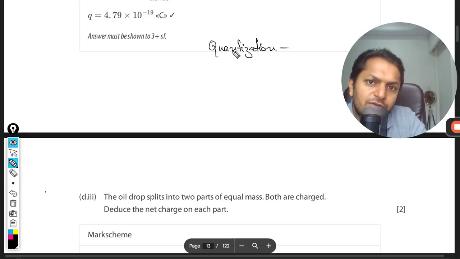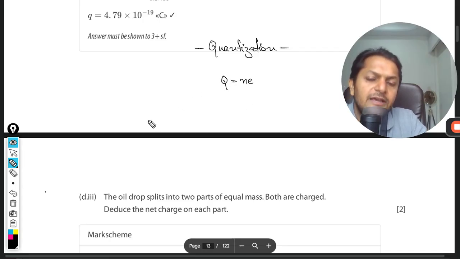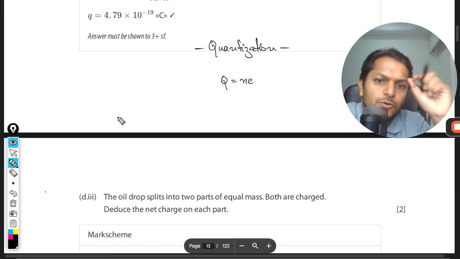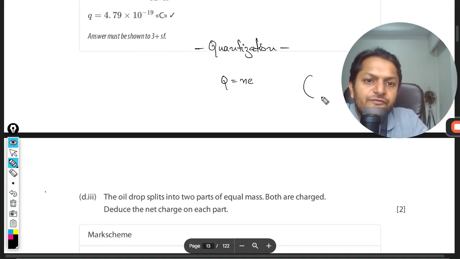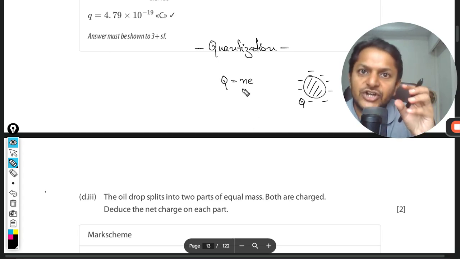So, again, this is the part of the theory. If you have seen the lectures, you might be knowing it. So, Q is equal to N into E. This is the quantization principle. It means that if one body is getting a charge of Q overall, there will be these many electrons sitting there. So N is the total number of electrons there, and E is the charge on one electron.